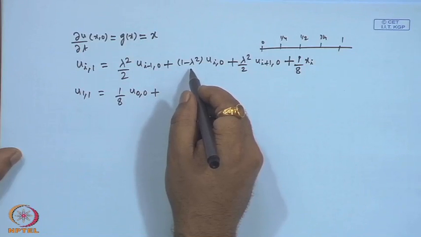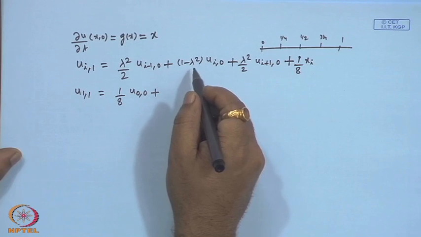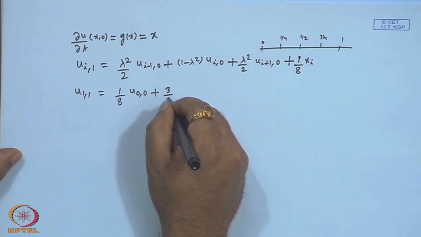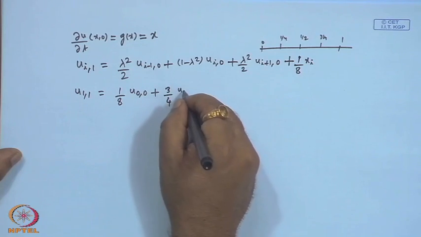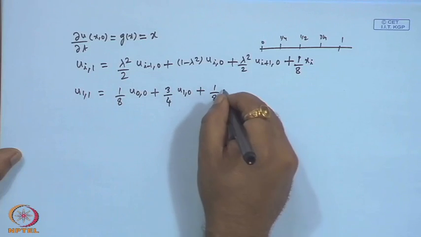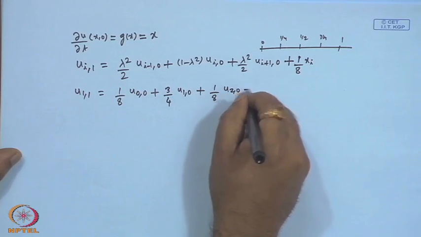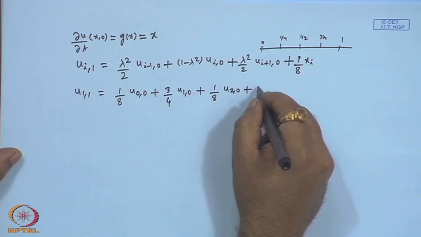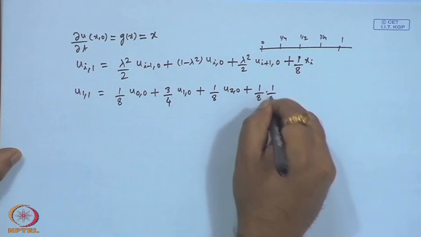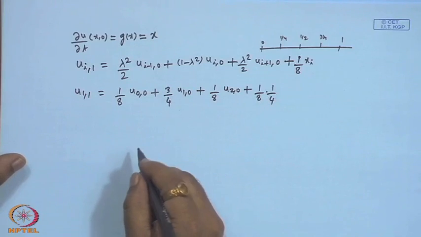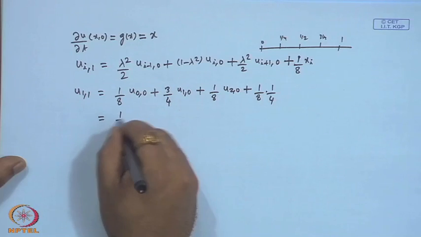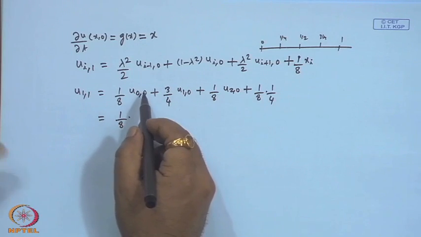So, this will be 3 by 4 u 1 0, x 1 by 8. So, x 1 is this. So, 1 over 8 into 1/4.